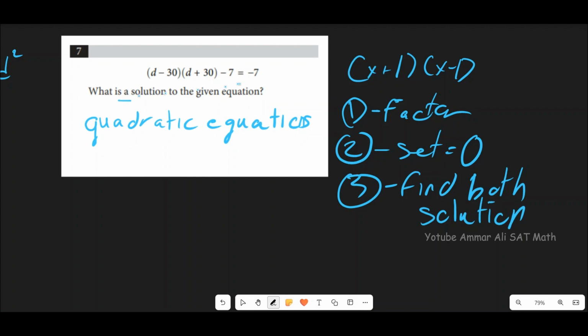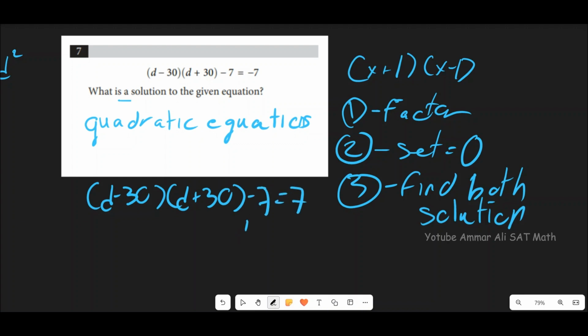Lucky for us, we already have a factored version of this quadratic equation. We just need to set it to 0, because right now it isn't set to 0. So let's do that. We will start by always rewriting our equation to keep ourselves organized. So d minus 30, d plus 30 minus 7 is equal to negative 7.